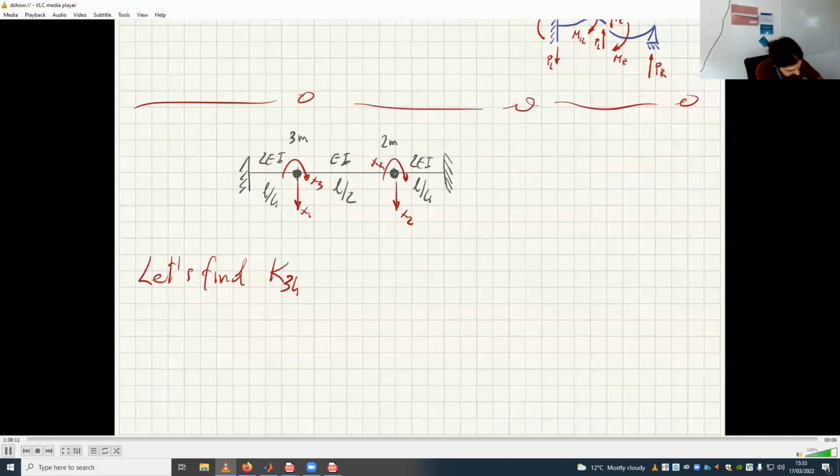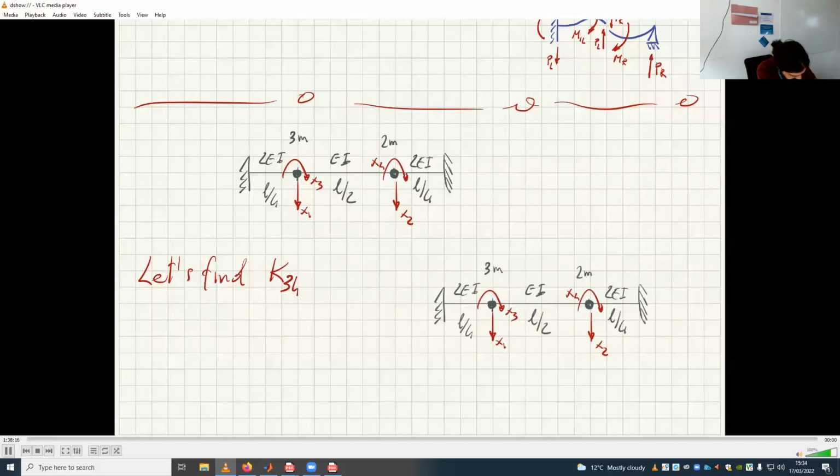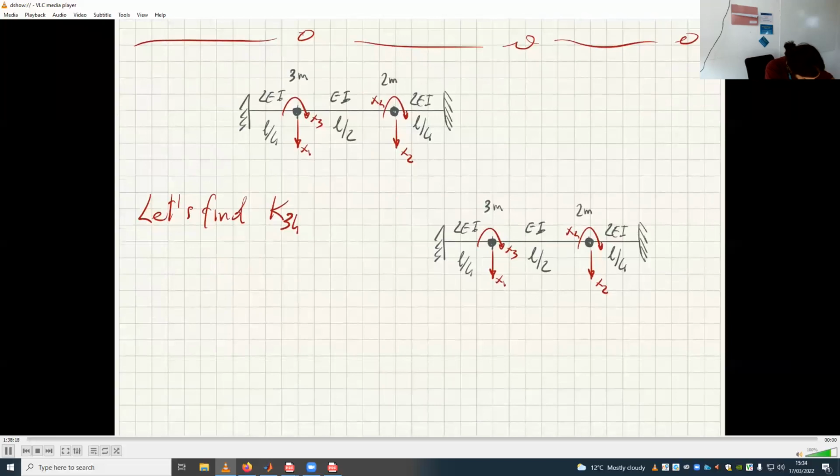Okay, so if you want to find K34, I'll impose X equals 0, 0, 0, 1.